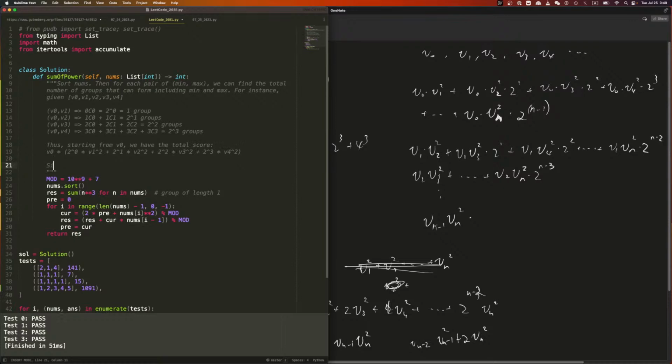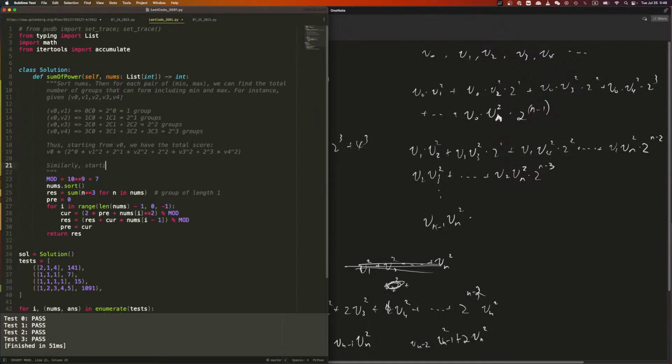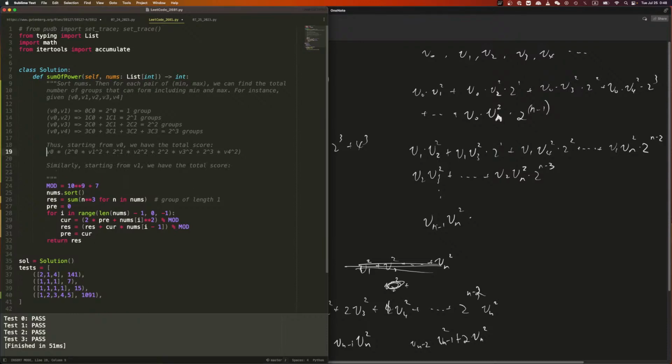Alright. Similarly, starting from V1, we have the total score V1 times 2, this will be 2, 3, 4.